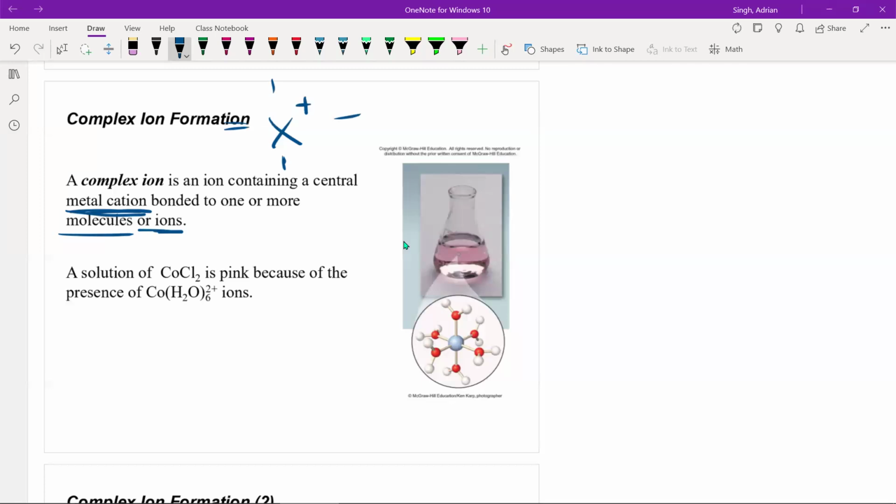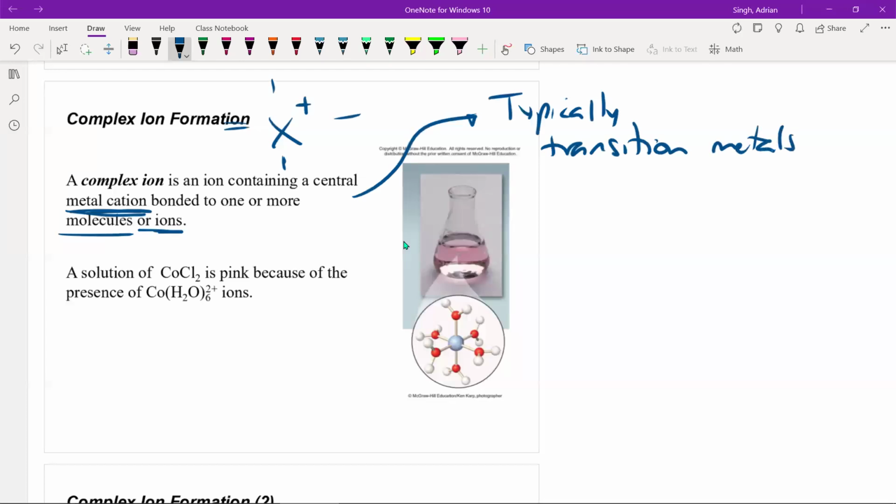Transition metals tend to have a particular tendency to form complex ions. So typically transition metals are involved. They, being metals, will form positively charged cations, and they can bond to one or more molecules or ions. For example, a solution of CoCl2, this is cobalt, not copper, is pink because of the presence of these ions.